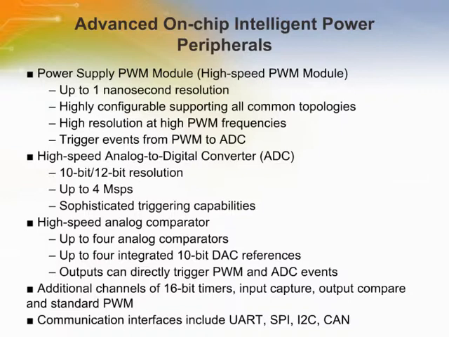These devices include peripherals specifically designed for power conversion. Peripherals such as high-speed pulse width modulation, analog-to-digital converters, and analog comparators can be tied together using an internal configurable control fabric that enables them to interact directly with one another, resulting in stunning performance gains in digital power applications.